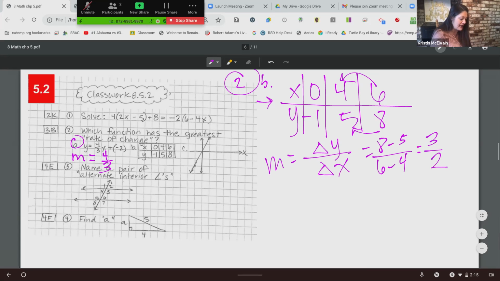Okay, so A has a slope of 4/3. B has a slope of 3/2. Okay, so looking at those, it's both over 1. We're going to have to say, okay, which one is bigger? All right, which we will worry about that after we do C.